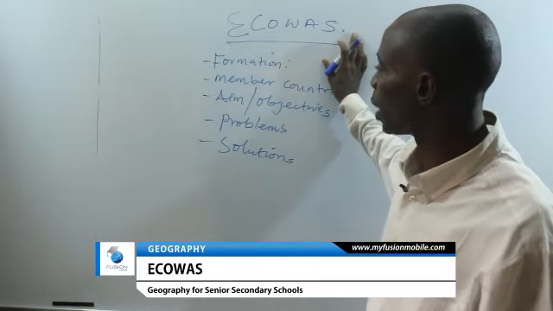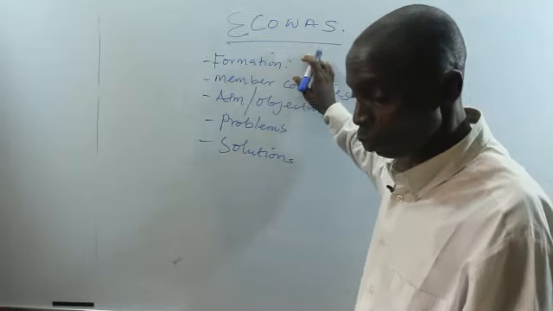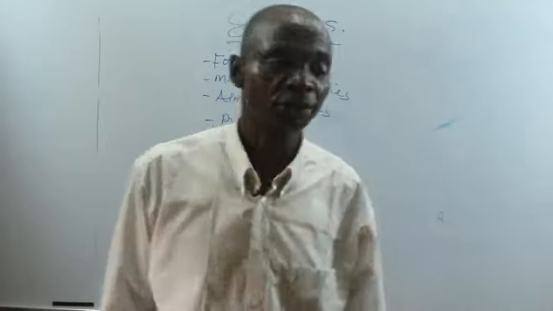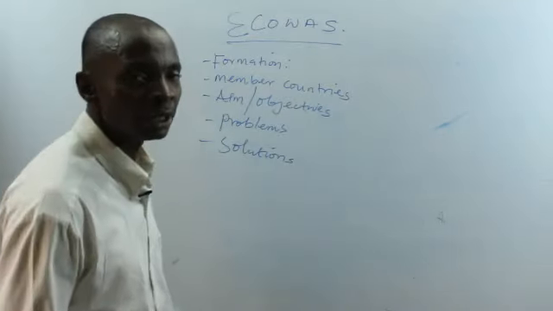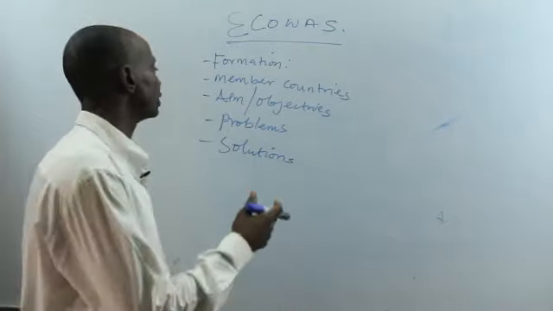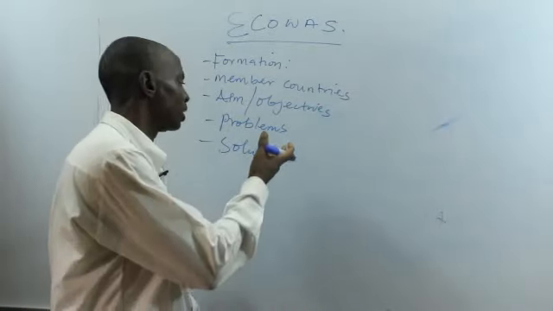We are going to take ECOWAS as our topic this afternoon. Under this topic, we are going to look at the formation: why was ECOWAS formed? Number 2, we look at the member countries. Number 3, we look at the aim and objective. Number 4, we look at the problems.